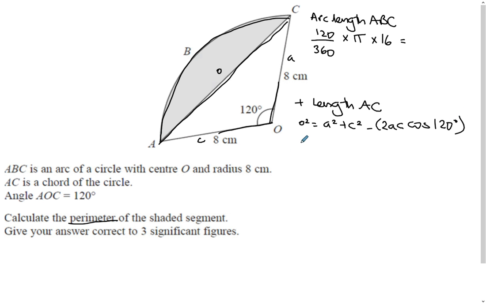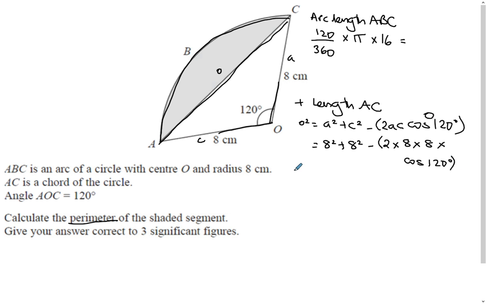Okay, now let's go stick the numbers in. So you've got 8 squared plus 8 squared minus 2 times 8 times 8 times cos 120. Sorry, that was cos O. All right. If you need to find a side, remember you have to have the angle under the cosine rule.